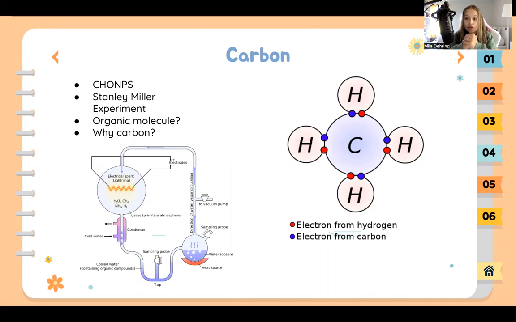The Stanley Miller experiment supports the theory of mechanism, which is that inorganic compounds or molecules are ultimately able to form and create the basis of life in organic compounds. What happens in this experiment is it simulates water vaporizing and going through and getting an electrical spark.